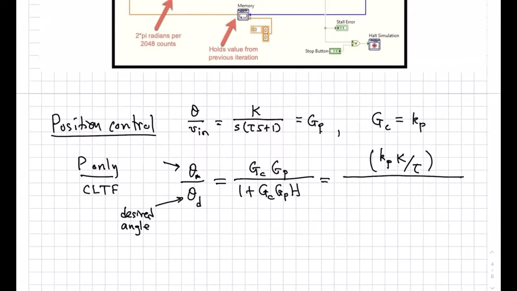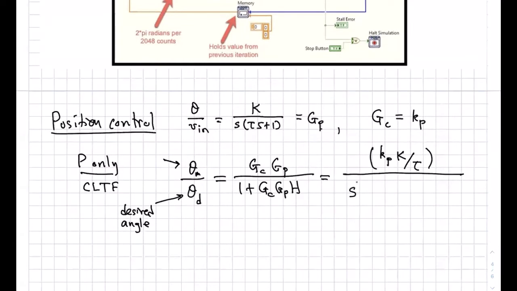Divided by, and I'm trying to formulate this to look like a standard second order equation, you have 1 over tau s plus little Kp K over tau. If you look at this as a standard second order equation, that's 2 zeta omega n, and this is omega n squared.